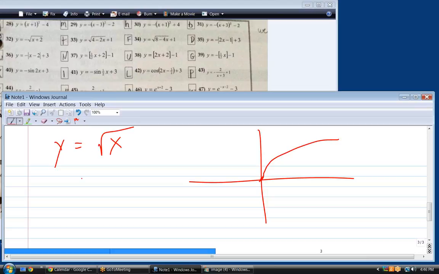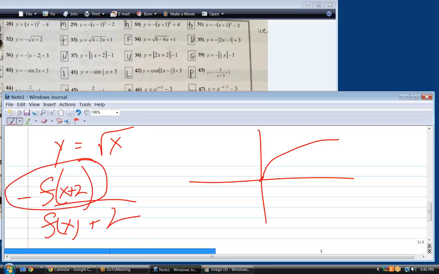In other words, if I was going to write this in f of x notation, it would be f of x plus 2. Okay. Well, it'd actually be negative f of x plus 2. But that's different than f of x plus 2, right? This is horizontal, this is vertical.